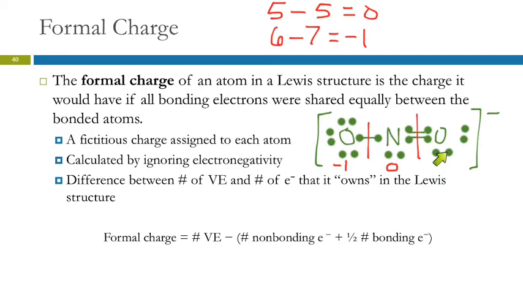What about the oxygen over here? Brought 6, because that's what oxygen has, and it's leaving with 6, right? 6 minus 6 is 0. So that has a 0 formal charge. That makes a lot more sense to me than this business of subtracting this and that and the other thing. But this does work, okay?